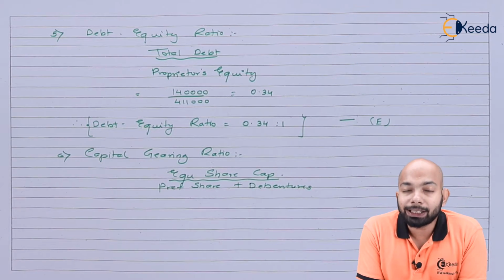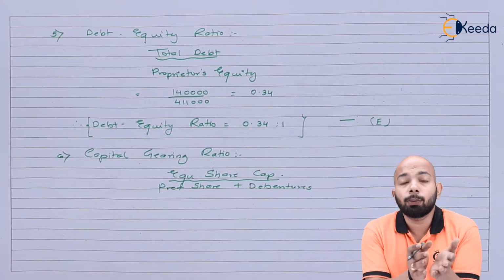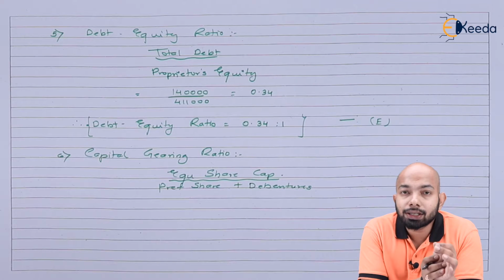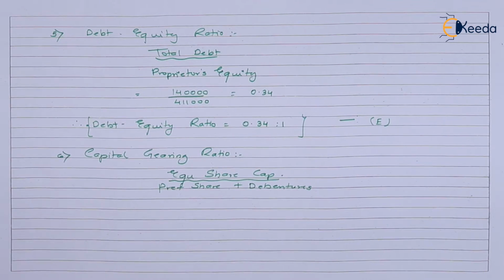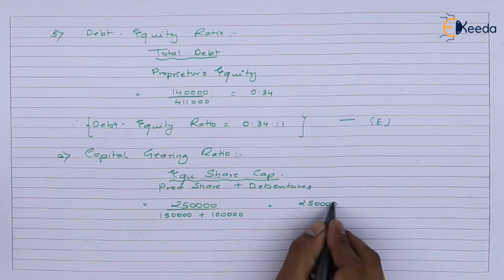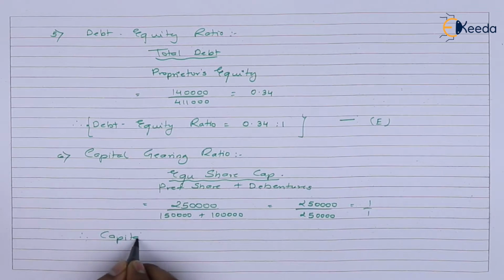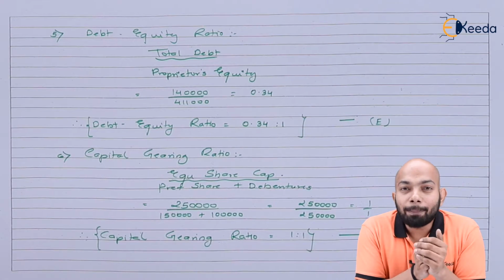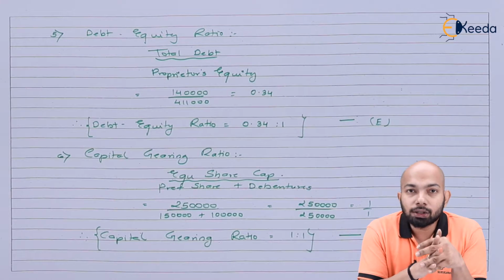The next ratio that we'll be dealing with is the capital gearing ratio. The formula for this is equity share capital divided by preference shares plus debentures. So the capital gearing ratio that we figured out is 1 is to 1.